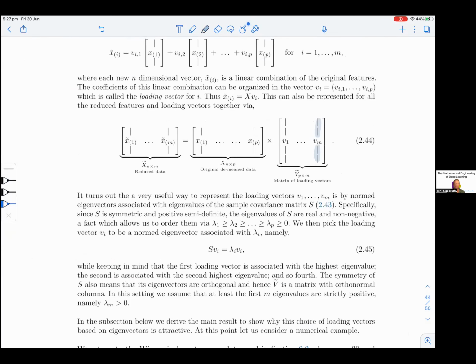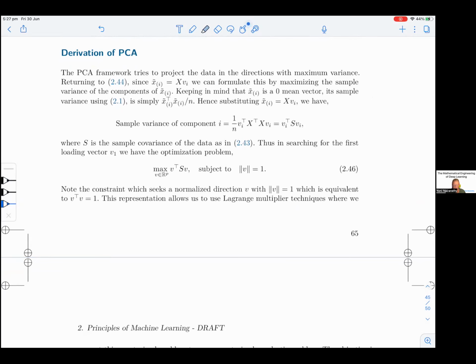since X tilde I is X times VI, we can formulate this by maximizing the sample variance of components of X tilde I. Keeping in mind that X tilde I is a zero mean vector, just like X was zero mean. Its sample variance using 211 is simply X tilde I transpose times X tilde I divided by N. So no need to demean it.